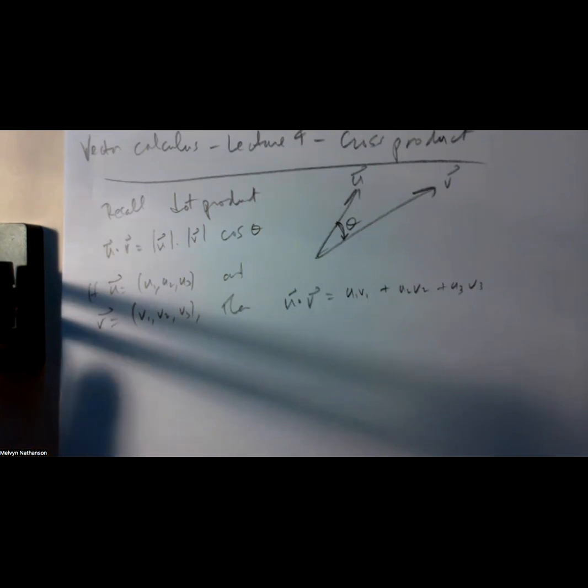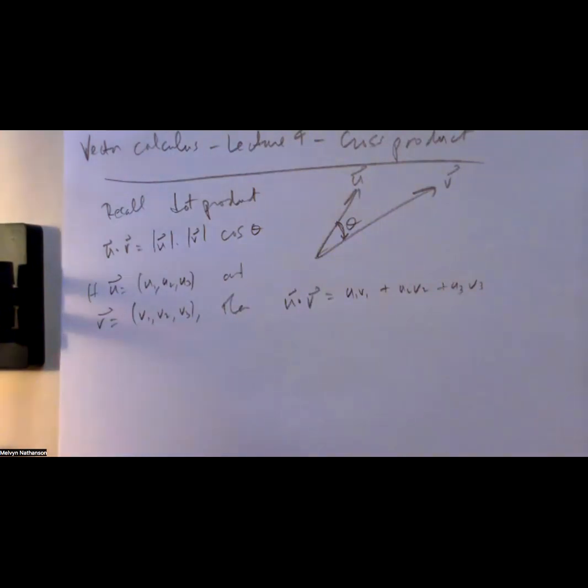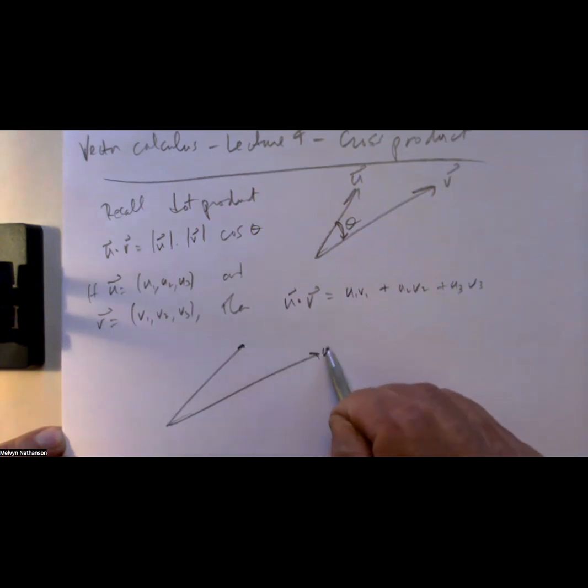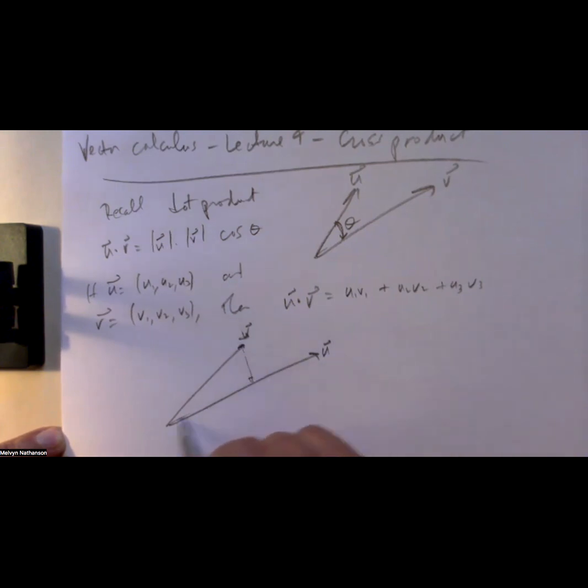And one of the most important properties of the dot product is that it enables you, given a vector u and a vector v, to find the projection of v in the direction of u.